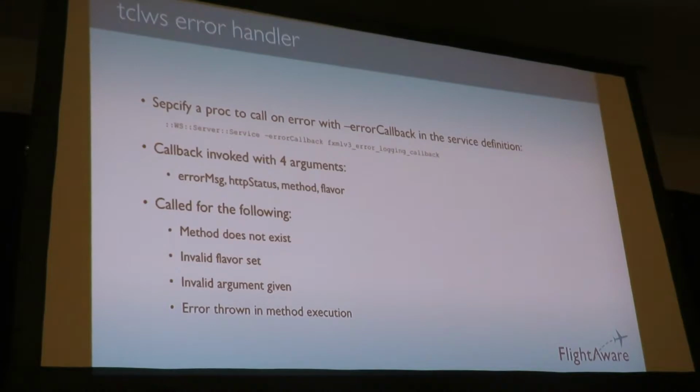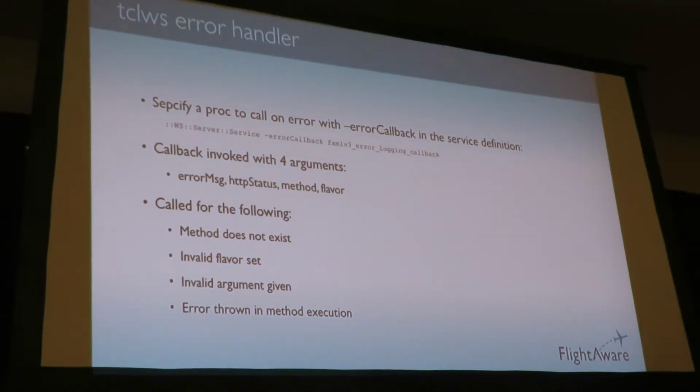So with FlightXML 3, we added this call to specify an error handler. That error handler can do whatever you want with it. In our case, we have a little UDP service listening on one of our servers, so we pass error information back that way and then ultimately collect it in Zabbix.